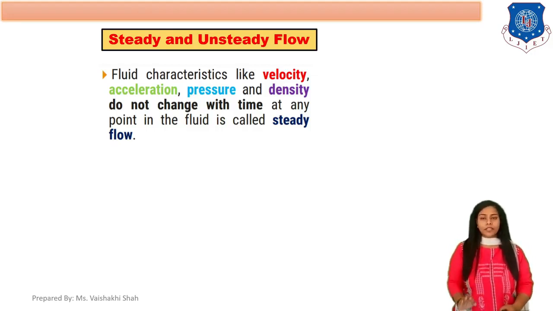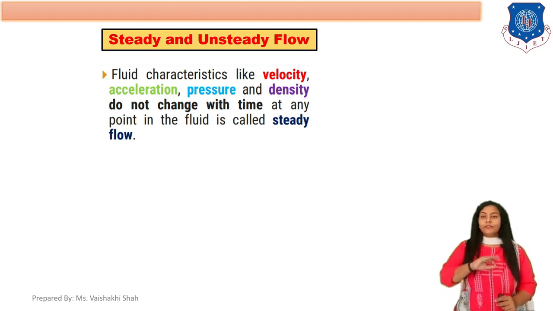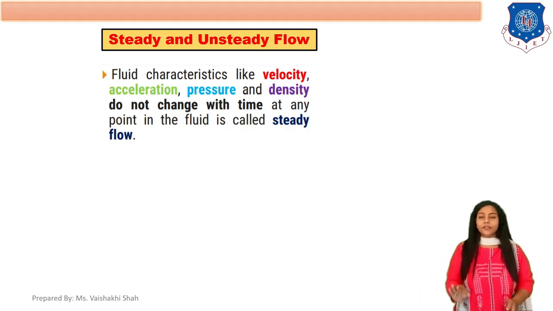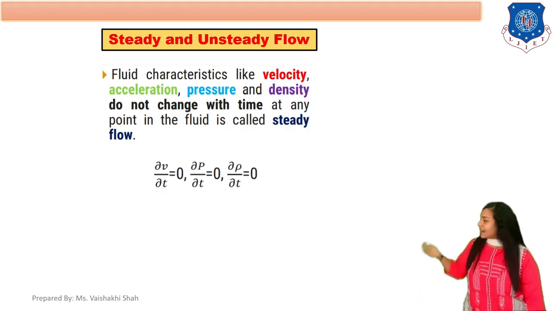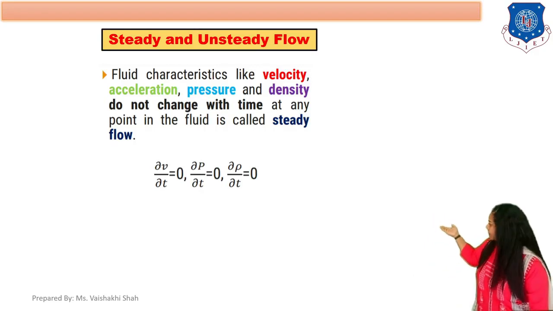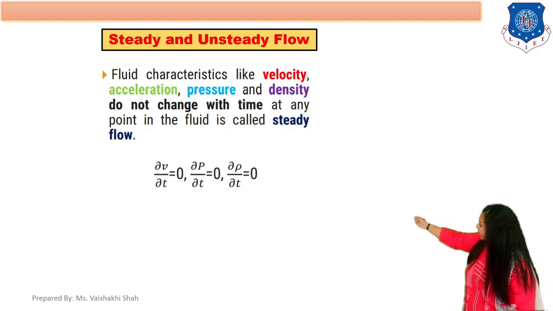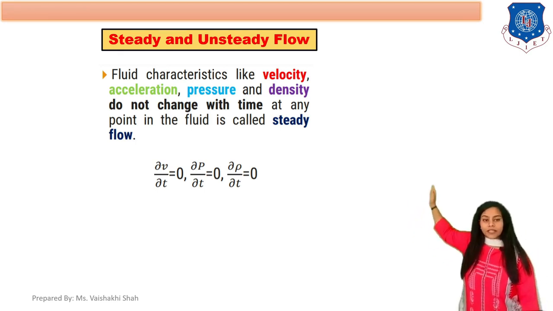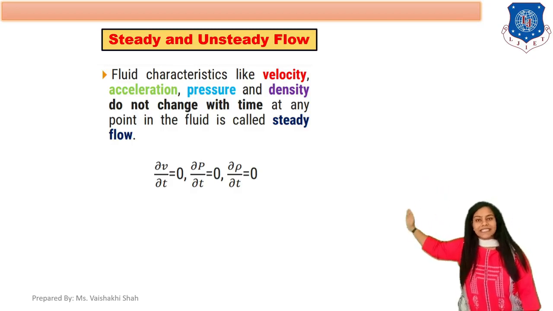So that flow is called steady flow. You can write down that del V by del T, the change in velocity with respect to time, change in pressure with respect to time, and change in density with respect to time equals 0. This kind of flow is called steady flow.